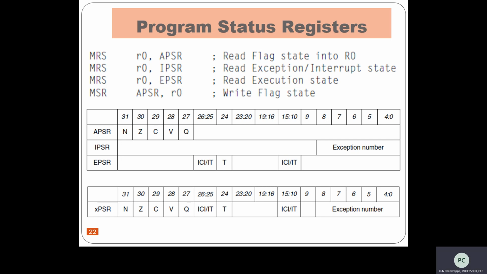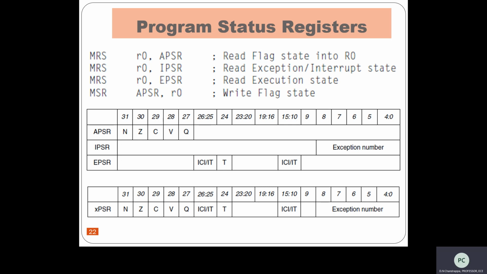N, in the last bit, belongs to negative; Z belongs to zero; C belongs to carry or borrow; V belongs to overflow; and Q belongs to the sticky status flag.